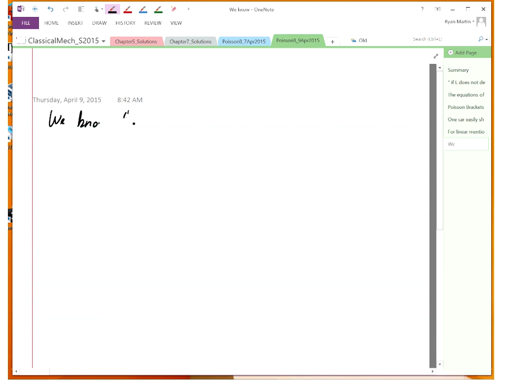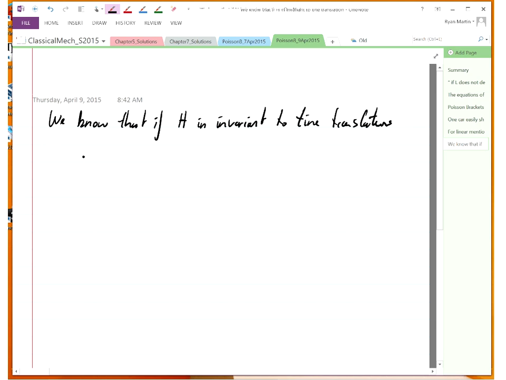So we know that if the Hamiltonian is invariant to time translation, then H is conserved. Of course, that's a little bit redundant, right?